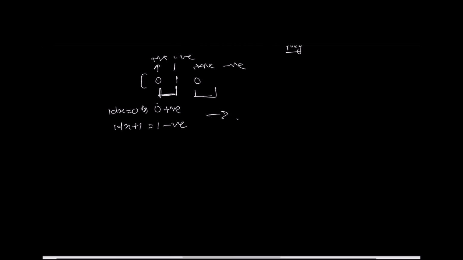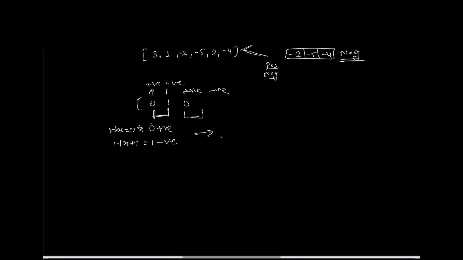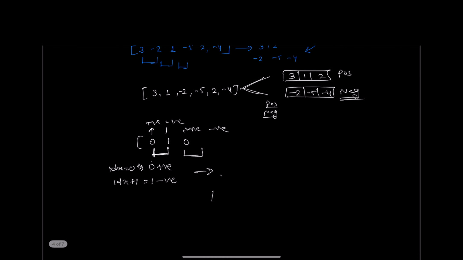So let's see how we write this. This is our positive array and negative array. Suppose we take our positive index as 0 and negative index as 0. Now our idx is equal to 0 as well.